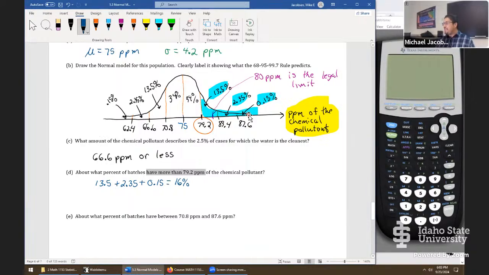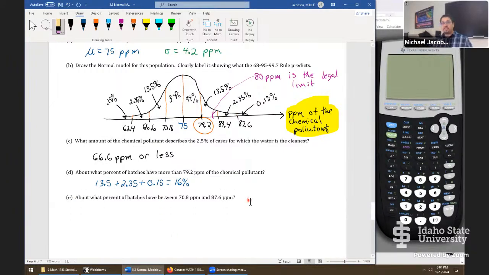But notice we can't actually answer that based off the 68, 95, 99.7 rule. Our questions have to line up directly with these tick marks, 79.2, 83.4, and so on. So there's definitely some drawbacks from computing this way. But at least it gets us started.